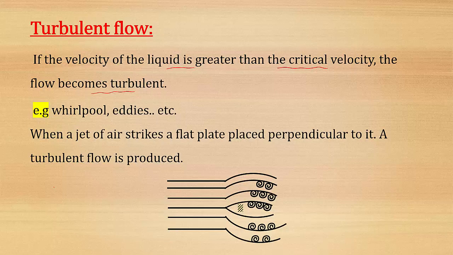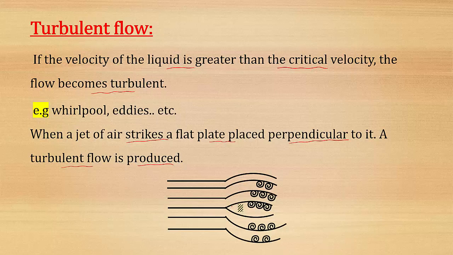And at that time the velocity is not constant and it is greater than critical velocity, then we can call it a turbulent flow. When a jet of air strikes a flat plate placed perpendicular to it, a turbulent flow is produced. When I place a plate perpendicular to the jet of air, when it strikes, the flow becomes turbulent.